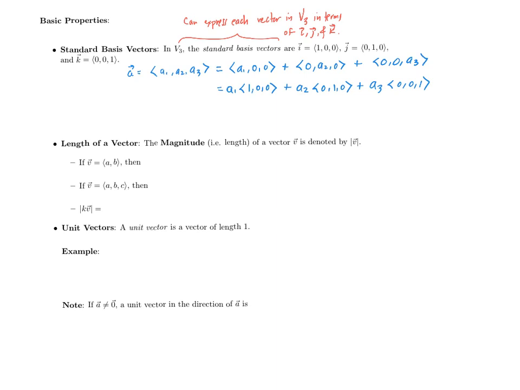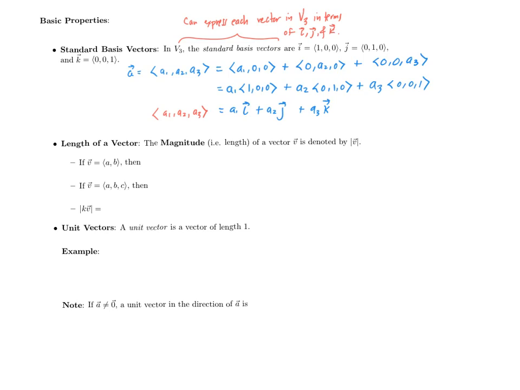And hopefully from looking above, you immediately note that that first vector is i, the second vector is j, and the third vector is k. So given any vector with three entries, a1, a2, a3, we can immediately break it down into its components: a1 i plus a2 j plus a3 k.